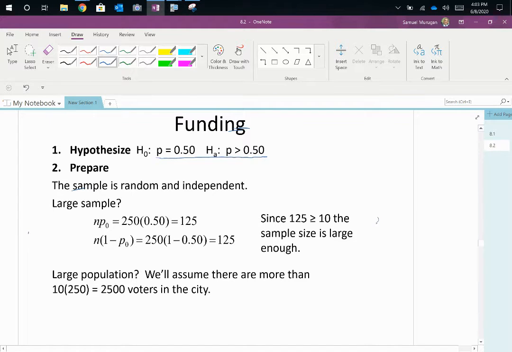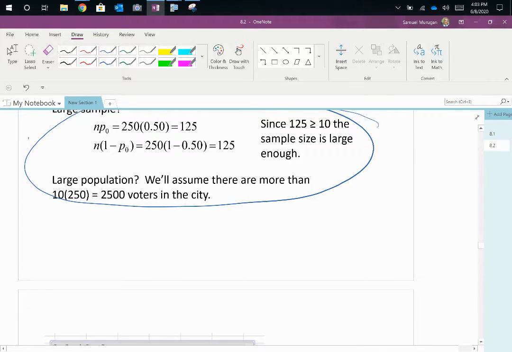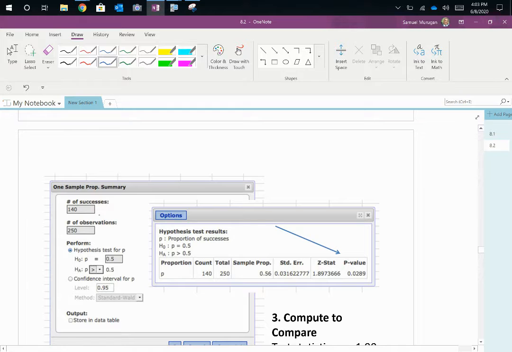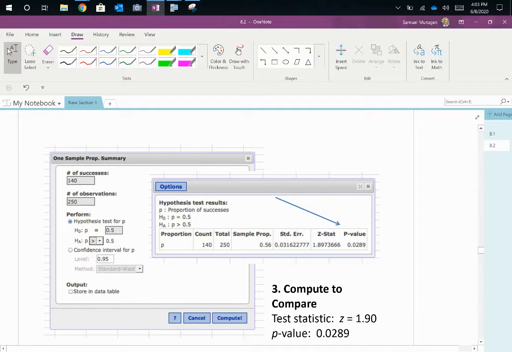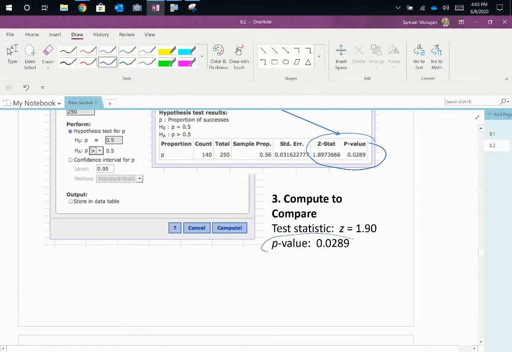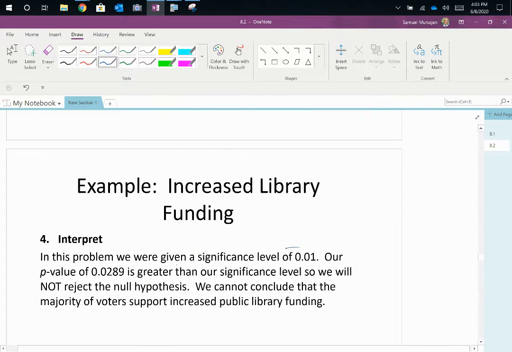We check to see that the conditions are met, and in most cases they're going to be met. And then we go to the StatCrunch program, get a p-value and a test statistic. Now in this case the p-value is 0.0289. And they're telling us that the significance level should be at 0.01. So 0.0289 is greater than 0.01.